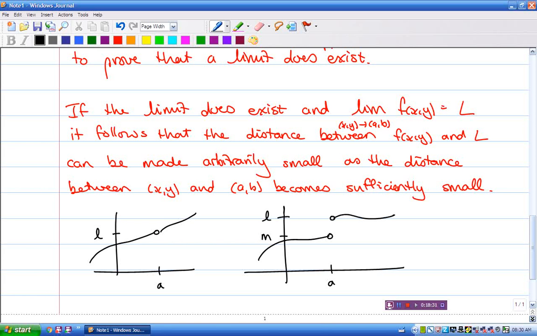Okay, and what that means is you can get a y value on your function as close as you want to little l, as long as you make x sufficiently close to A. So let's say L was 10. Okay? And A was 1. All right. Then we can find values of 10.1 and let's say 10.1. Can we find a point on our curve that has a y value of 10.1?